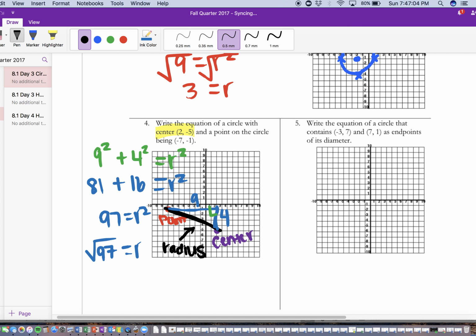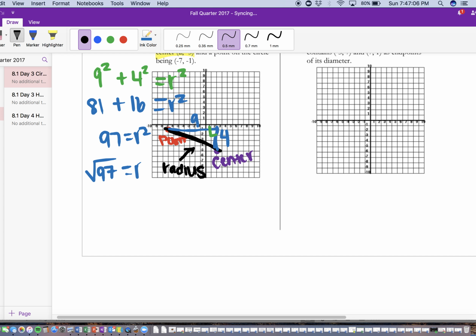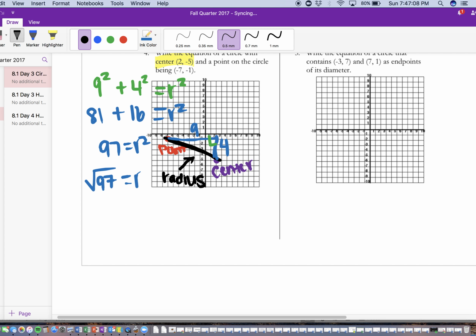If I know my center is at (2, -5), then the left-hand side of my equation will be x minus h, where h is 2, so (x - 2) squared, plus y minus k, so y minus negative 5, which is really (y + 5) squared, equals the radius squared.